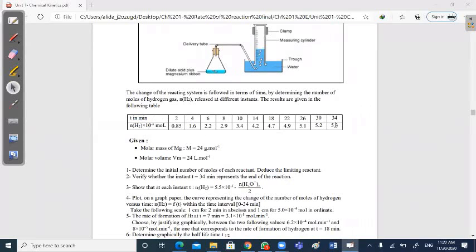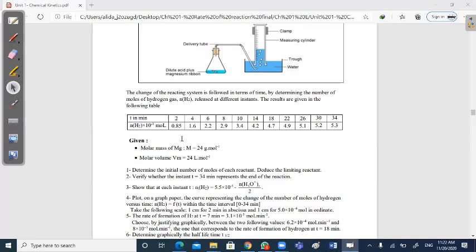We calculate the number of moles of H2 at the end of the reaction using the limiting reactant according to stoichiometry, and we compare the maximal number of moles with the number of moles given at the last instant, which is 5.3. If 5.3 is equal to the maximum number of moles, then t equals 34 minutes represents the end of the reaction. If it is less than the maximum number, then t equals 34 does not represent the end of the reaction.